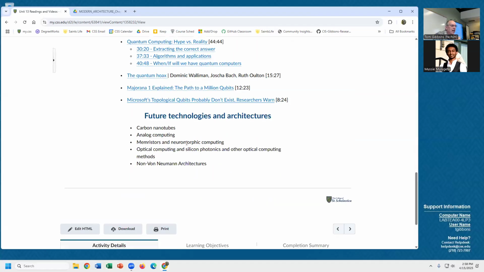So, last thing we want to talk about is, if quantum computers might not be the change, what other options are there out there? Some other things to look at, which I think we mentioned at various times. People have been researching carbon nanotubes, neuromorphic computing, memristors. So again, chips that are based on closer proximity to how the brain works.